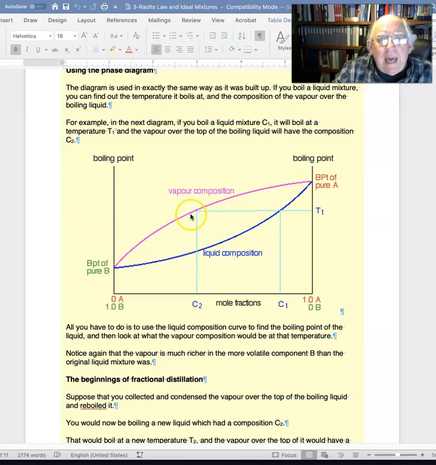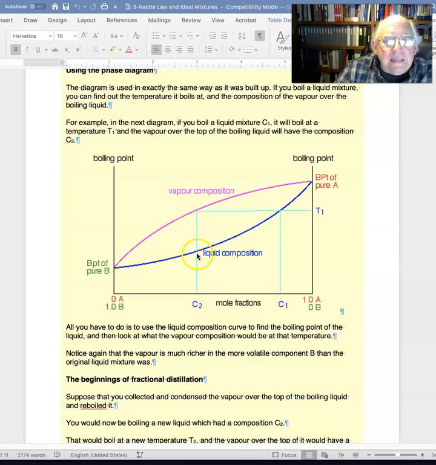And so now we have a vapor that has more of B than it had when it was a liquid. Now, if we allow that to condense to a liquid, we would then be down at this particular point.